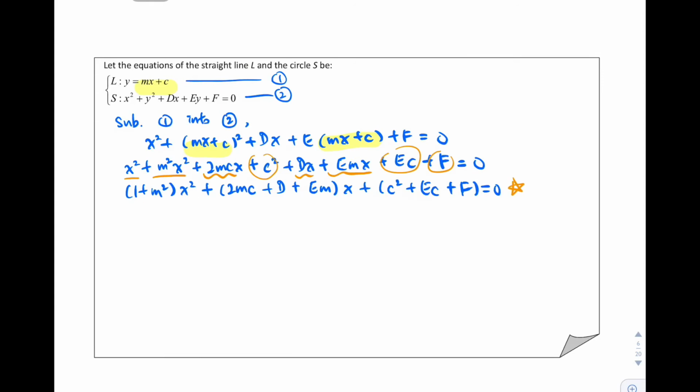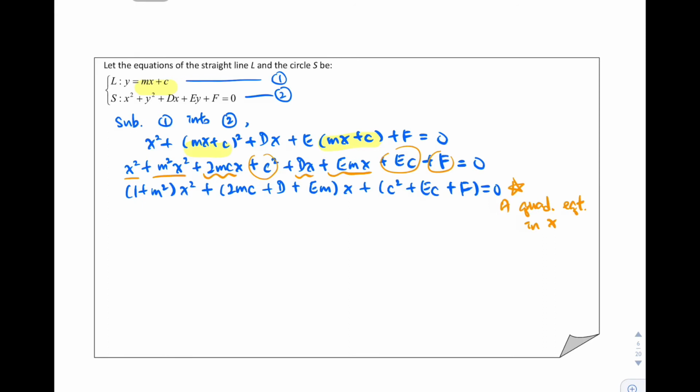This is actually a quadratic equation in x. So if we can solve the values of x for this equation, we can find the x coordinates of the intersecting points.